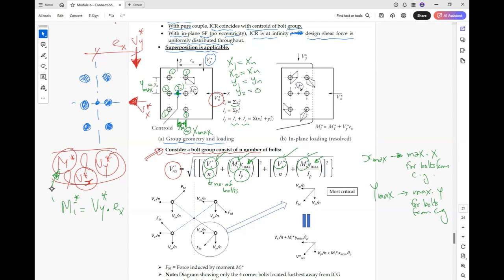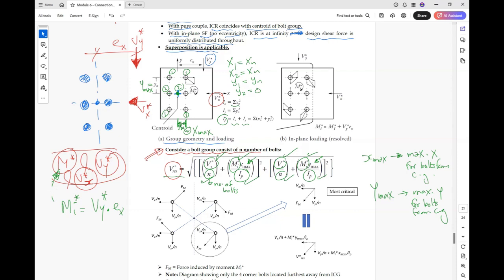So if you sum for these 6 bolts, xn and yn squared, you can find Ib. So you know n, you know Ib, so you can find the resultant force for each bolt. This will be the maximum resultant force.